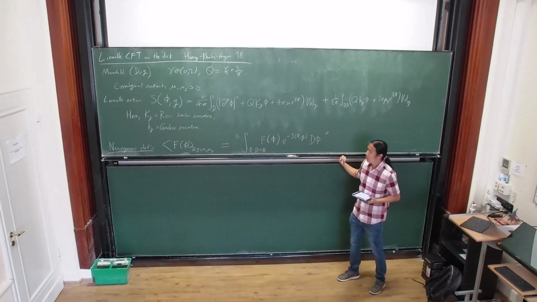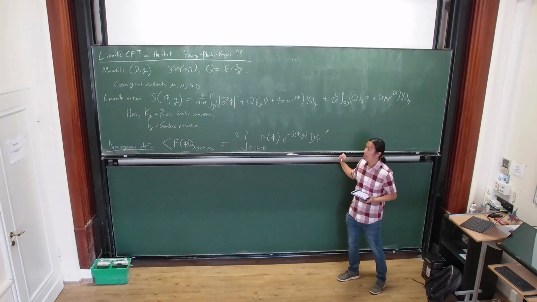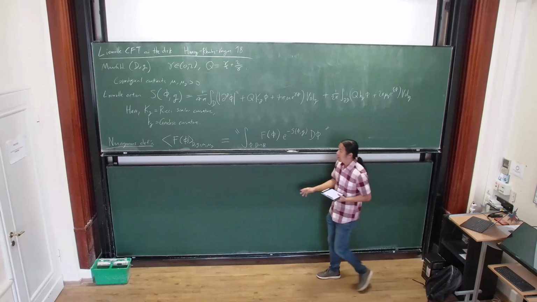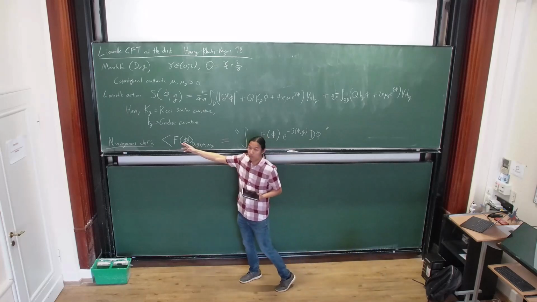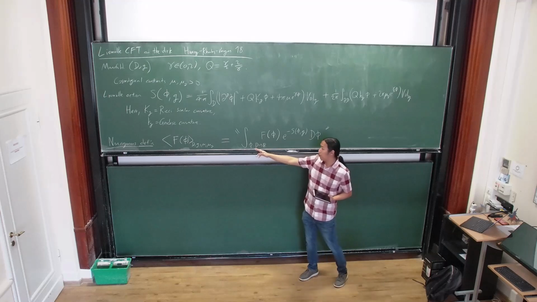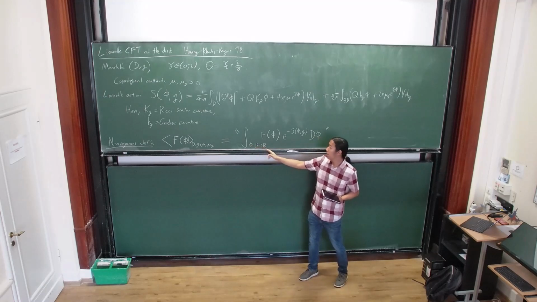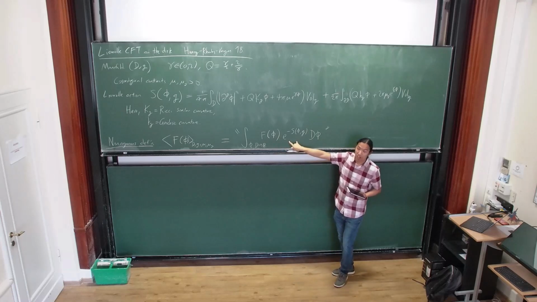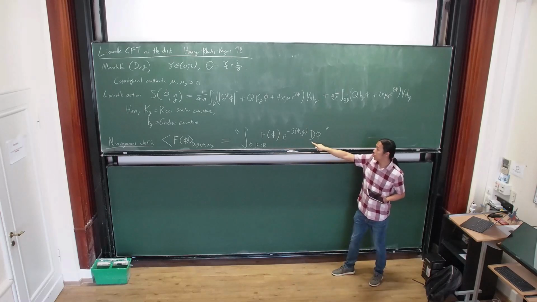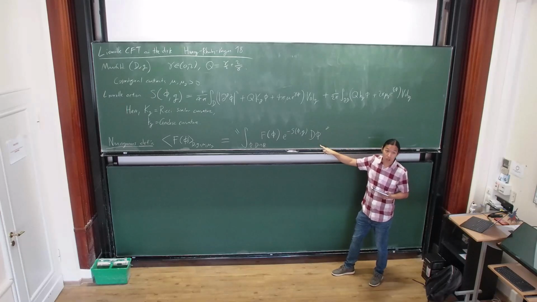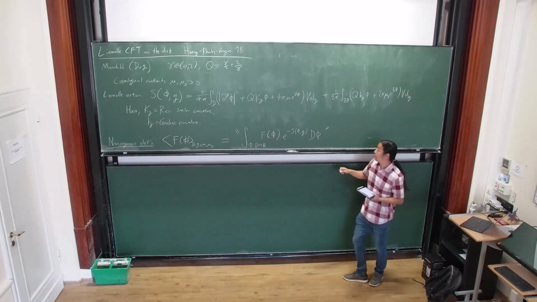So here's a non-rigorous definition of correlation functions given the Liouville action. The expected value of f is going to be the integral over all choices of map phi from D to R of f of phi times e to the minus the action times this term d phi, and this is some kind of formal Lebesgue measure on the space of functions.